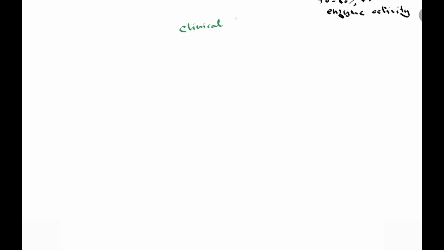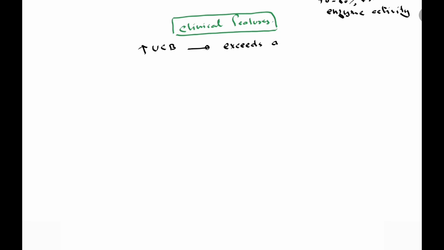Now coming to the clinical features of unconjugated hyperbilirubinemia. When there is increased unconjugated bilirubin, it exceeds albumin binding capacity. As a result, the free bilirubin concentration will increase. As I have already mentioned, the unconjugated bilirubin is fat soluble, so it will accumulate in lipophilic tissues like brain.